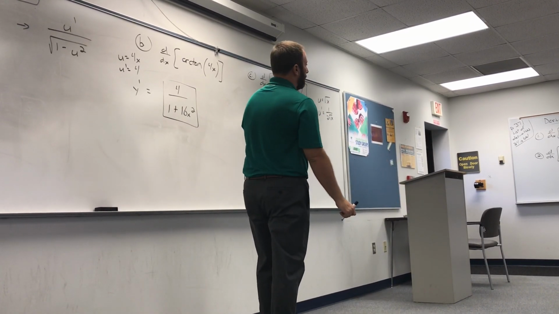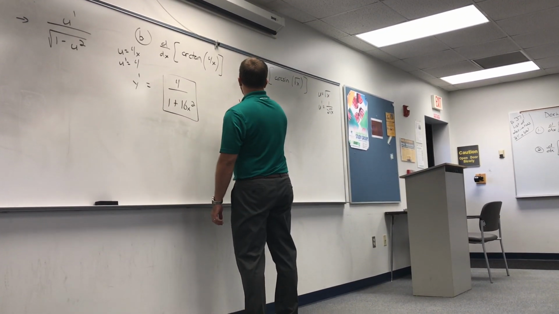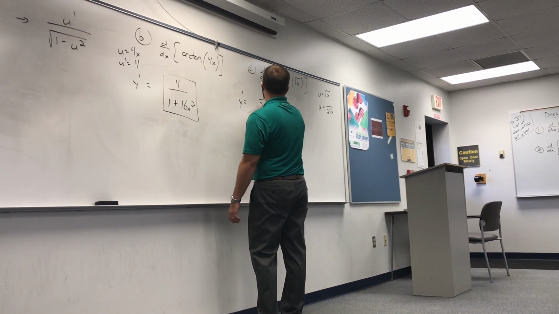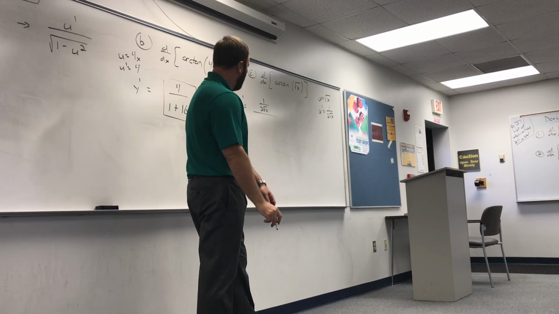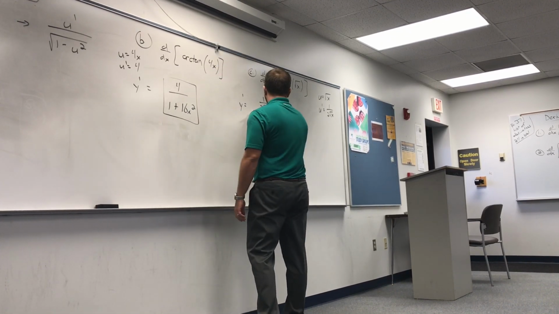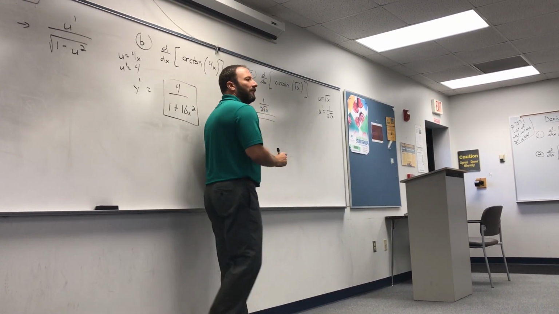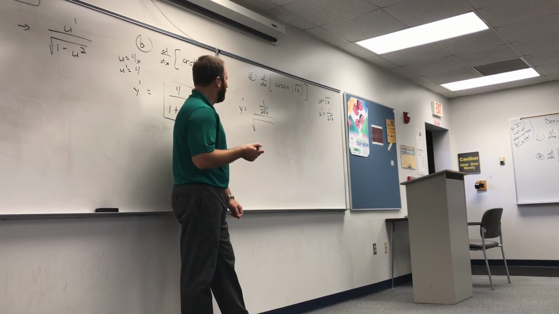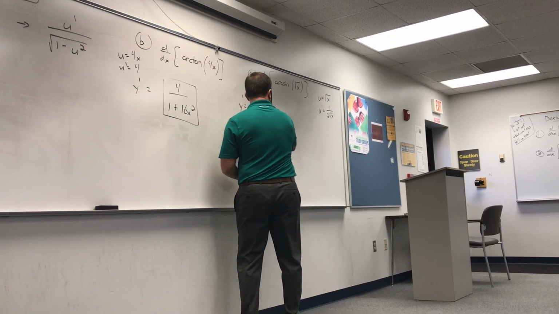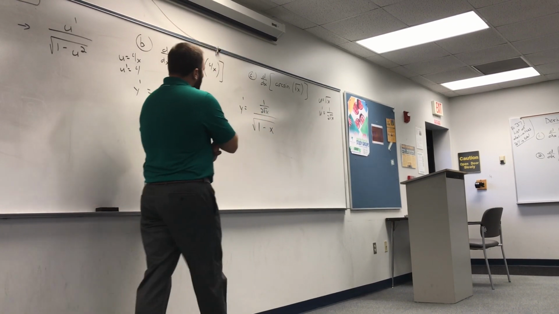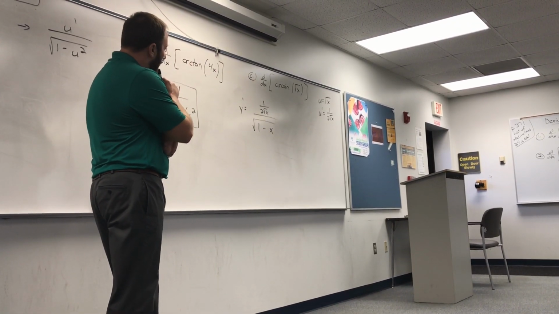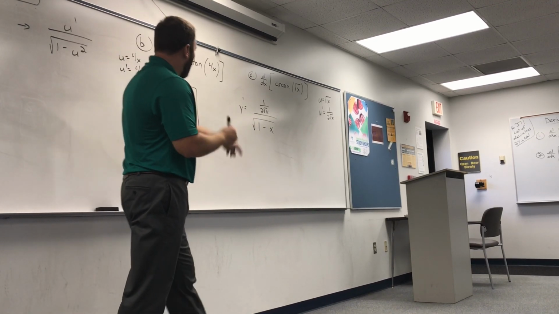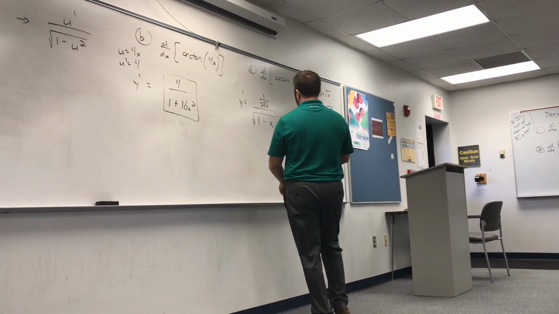Up top we've got a u prime, which is 1 over 2 root x. On the bottom, we've got a square root of 1 minus u squared. So what's going to be on the bottom? Square root of 1 minus x. I like that. Again, root x squared is just going to be x. So we've got this. That's a bit clumsy to write like this.